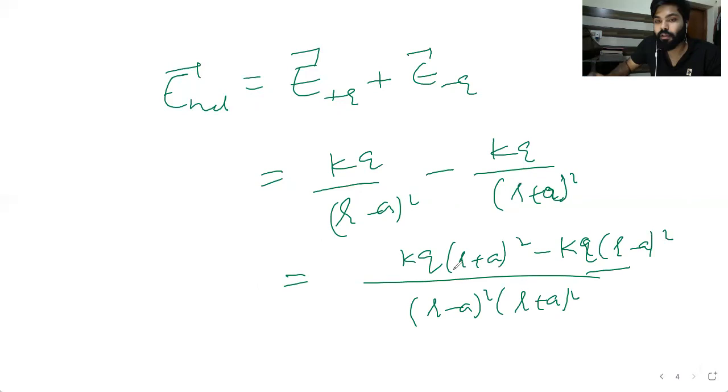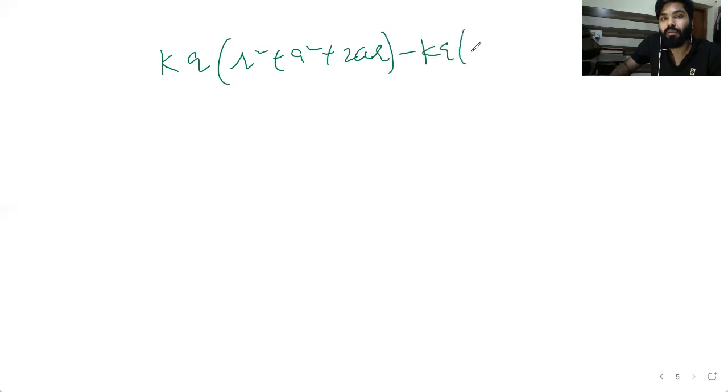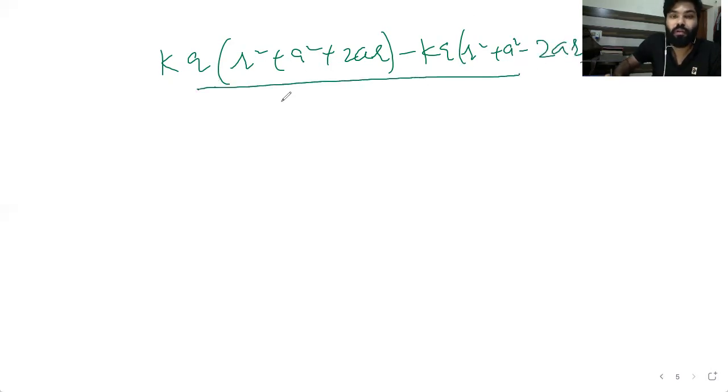Next step, open the brackets with the formula of a plus b whole square. We will have kq times r square plus a square plus 2ar, minus kq times r square plus a square minus 2ar, over r minus a whole square times r plus a whole square.